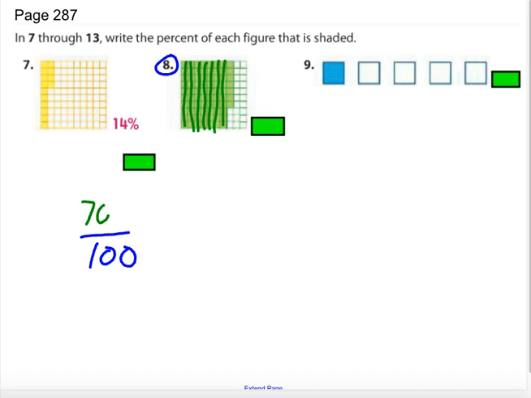And that would mean 70 squares plus 1, 2, 3, 4, 5, 6, 7 squares that are individually filled in, which means that we would have a total of 77 hundredths. And if we convert that, that means that we have 77%.